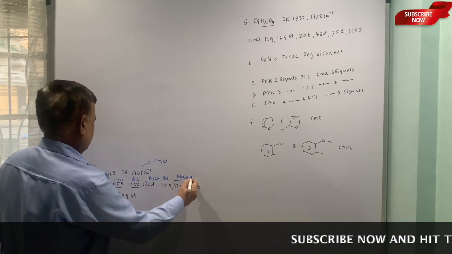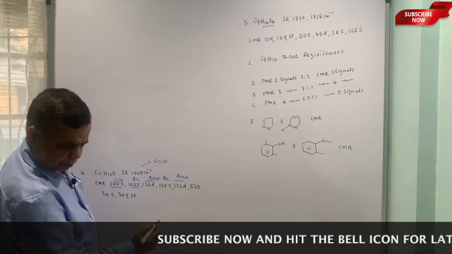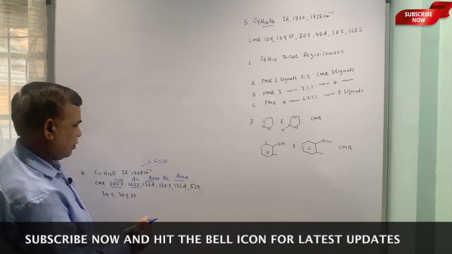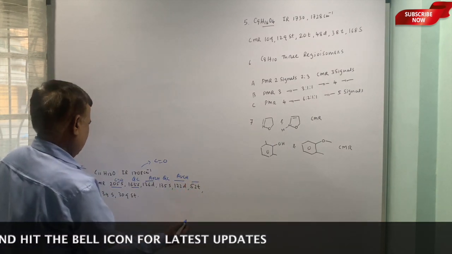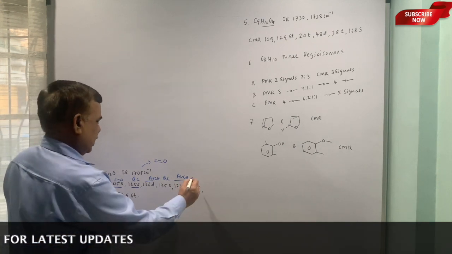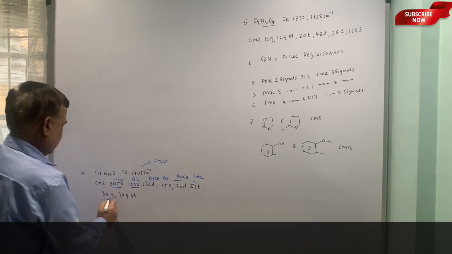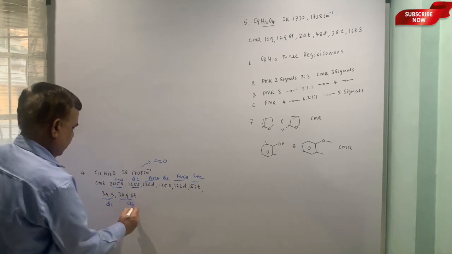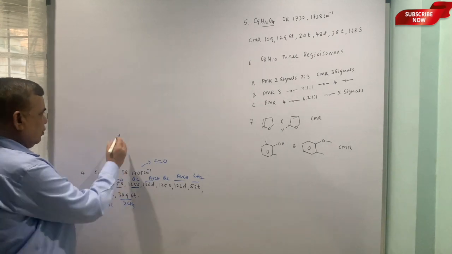This is twice, not twice, this is... 52 looks like CH2, maybe this is a quaternary carbon, this is CH3 probably twice.